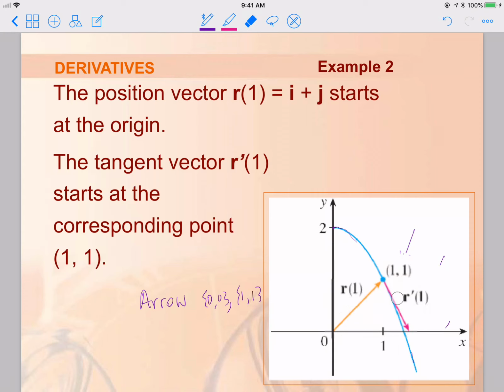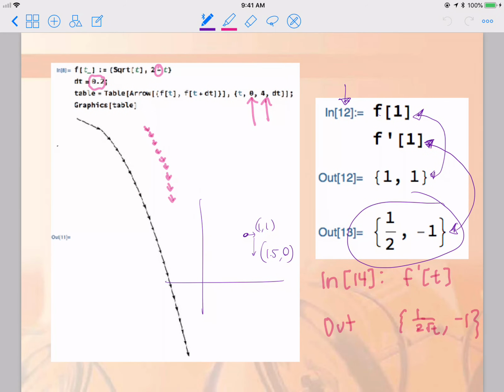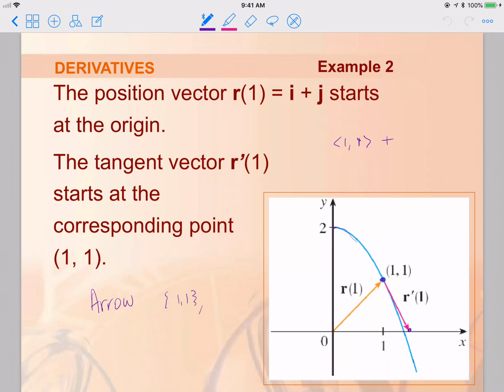So 1.5, comma 0 should be the location here. If we wanted to draw this pink arrow, we would need to tell it to start at 1, 1. And where's it going to stop? Well, we need to add to 1, 1 the r prime of 1, which is 1/2, comma -1.